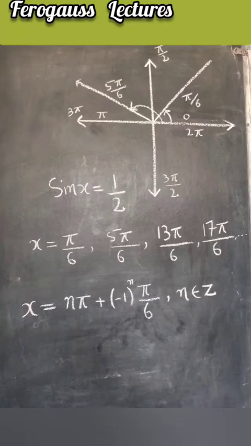If n is 3, then x is 3 pi minus pi by 6, that is 17 pi by 6, and so on. X is equal to n pi plus minus 1 raised power n pi by 6 is called the general solution of sin x is equal to 1 by 2. The general solution represents every possible solution for a trigonometric equation.